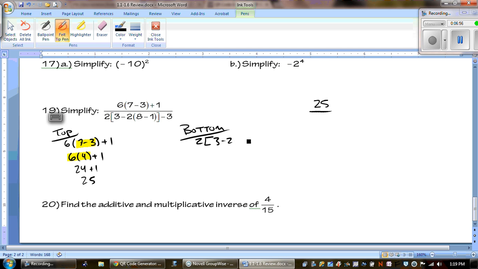I'm going to rewrite the bottom. Okay, and we do inside the parentheses first. 8 minus 1 is 7. And now inside the parentheses we have multiplication.